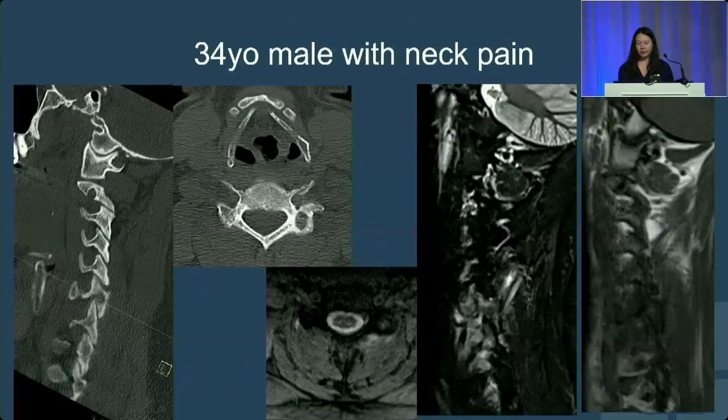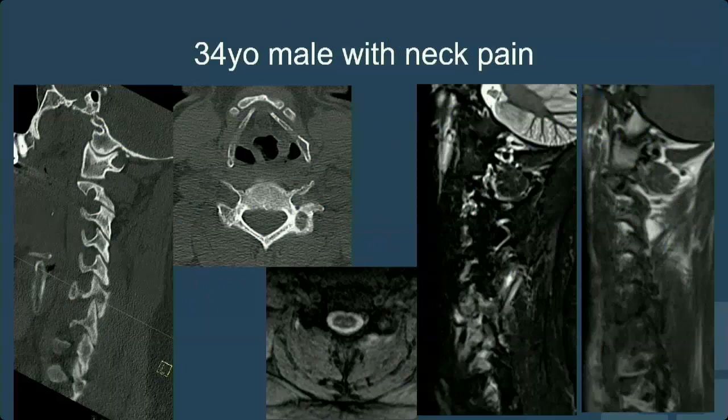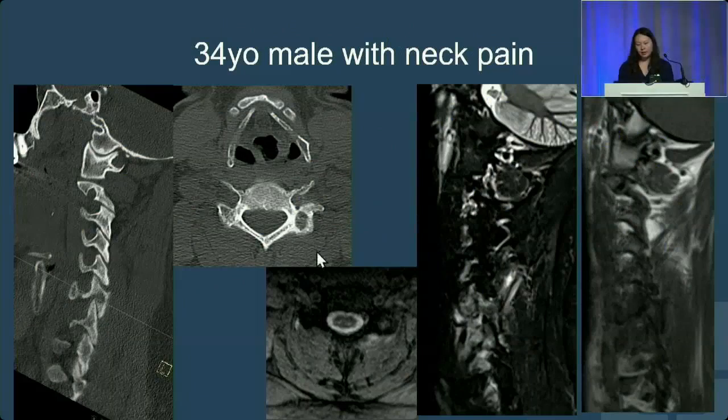Okay. And then here's a corollary case. This is a 34-year-old male with neck pain. And you can see that there's this osteolytic lesion in the left inferior articular facet on CT. And on MRI, there's quite a bit of edema associated with it on STIR.